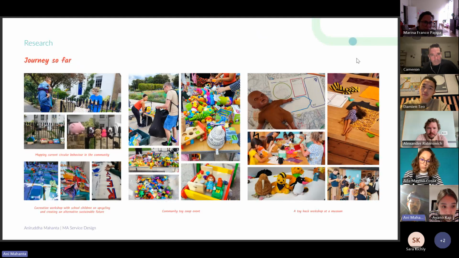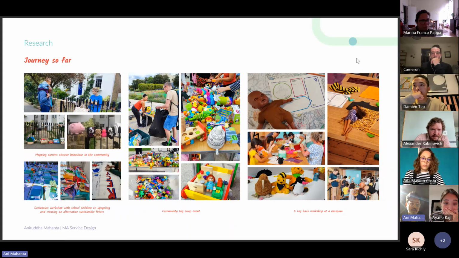What I have been up to so far is I've done a lot of ethnographic studies, studying and mapping the present circular behaviors at the community level. For example, people doing garage sales or just donating toys. I was part of a Toy Swap event organized by one of the local MPs. That was a very good experience to see if people are interested in such events.